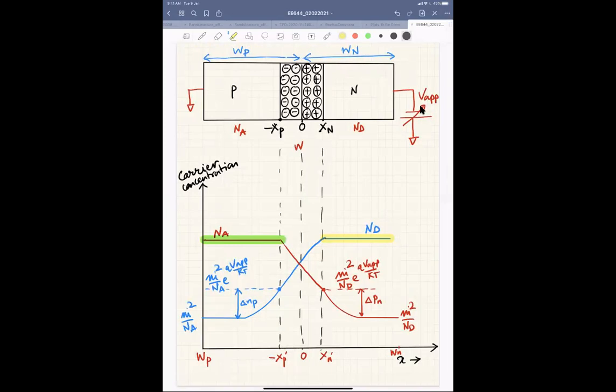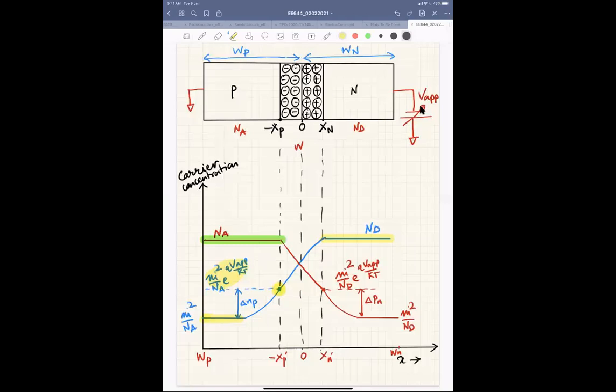Now, because of forward bias, I have electrons injected to this side. In the P side, I have ni square by Na number of electrons. But because of injection, at the depletion edge I have ni square by Na times e to the power qVr by kT, whereas the equilibrium concentration is ni square by Na, right?